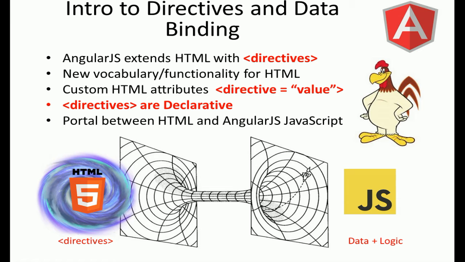I like to think of directives as a portal on the HTML side, allowing model properties and functions that are bound to the scope object to enter the HTML world from the JavaScript world and vice versa. You will see that the controller can be considered such a portal, but on the JavaScript side, as it exposes the model data to the view.